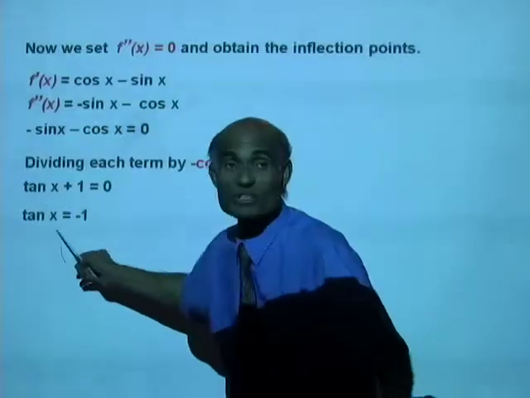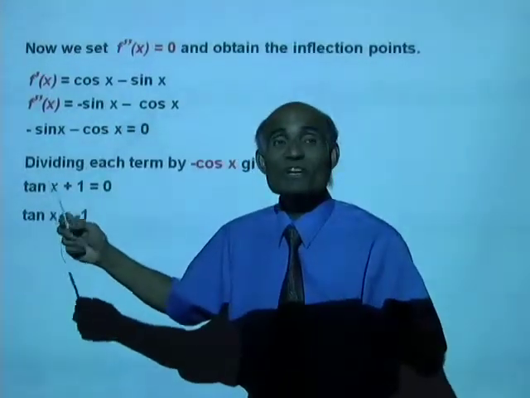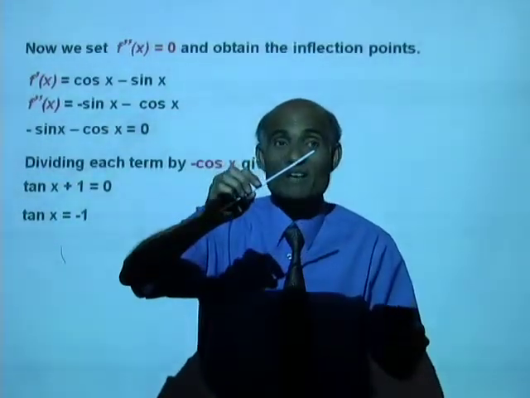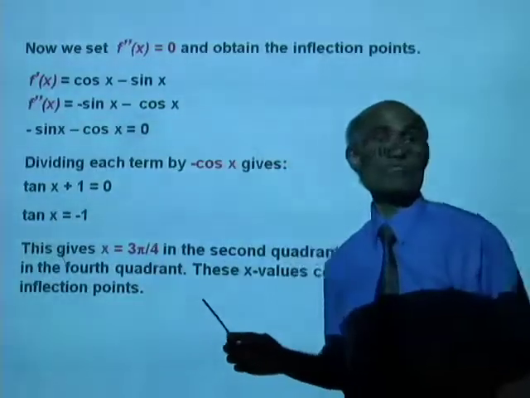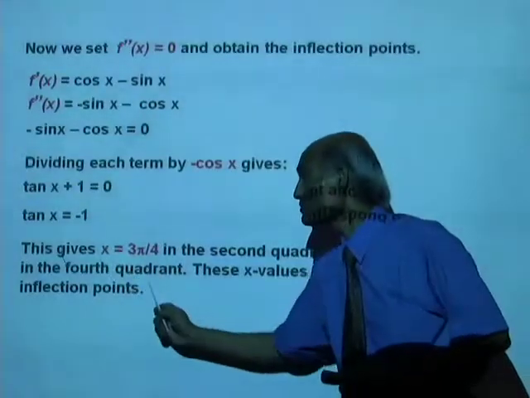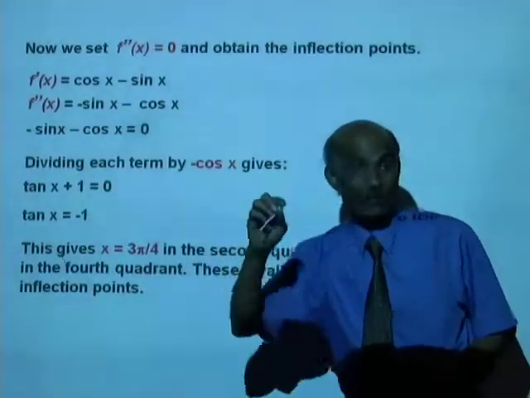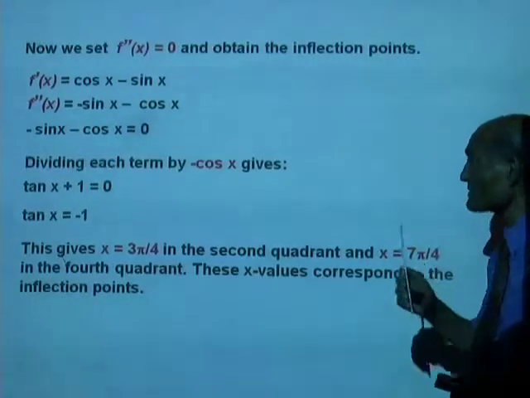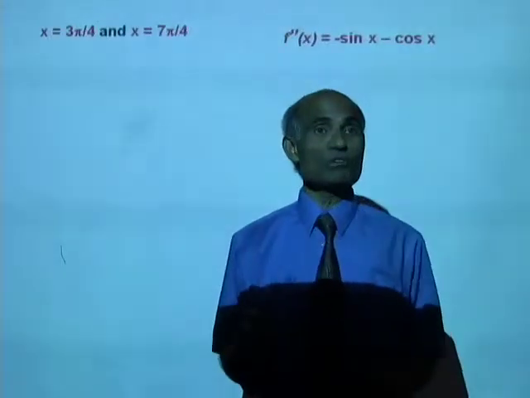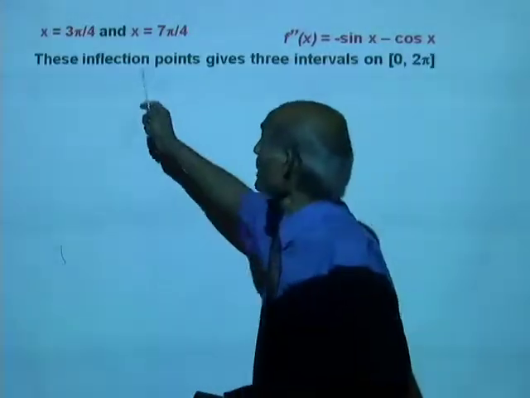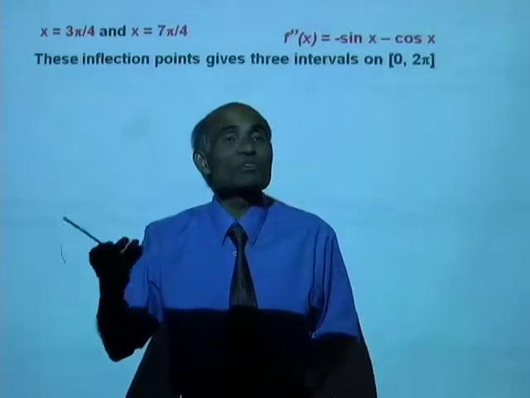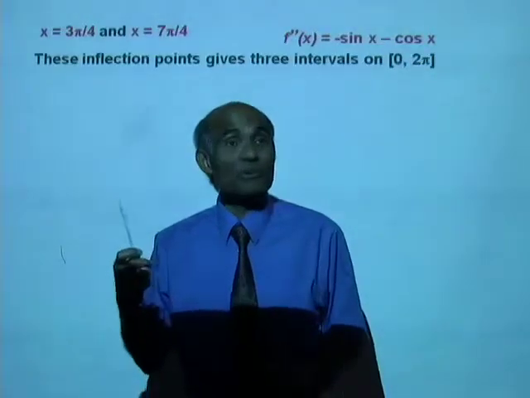So tan x equal to negative 1 will give you x equal to 3 pi by 4 in the second quadrant and x equal to 7 pi by 4 in the fourth quadrant. Draw that diagram and figure it out on your own. Now, these are therefore the inflection points. x equal to 3 pi by 4 and x equal to 7 pi by 4 are the inflection points.